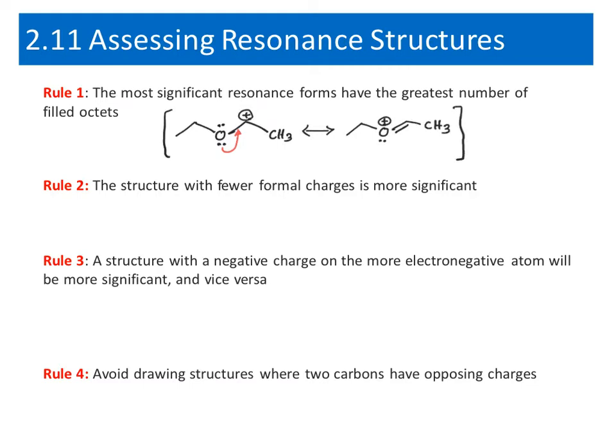If you compare these two structures, in this structure we have a carbocation. We talked about carbocations before, and we know that a carbocation does not have a full octet. It only has 6 electrons around itself. However, this carbon has its full octet. Don't forget that we have a hydrogen connected to this carbon in both structures.